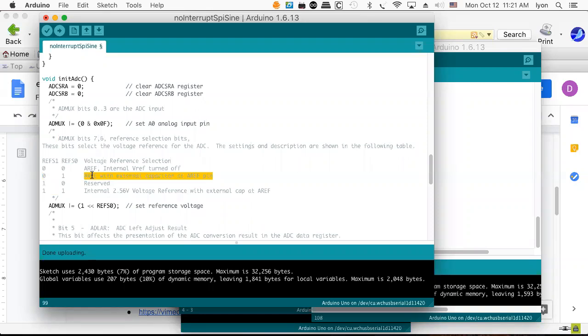So that's saying he wants inputs that go from 0 to 5 volts, but I could change it to use the internal reference, which is a precision 2.56 volts. And if I did that, then I would have to say ADMUX or equals, and then I'd have to do REF0 and REF1. So if I wanted the 2.56 volt version, I might do something like this.